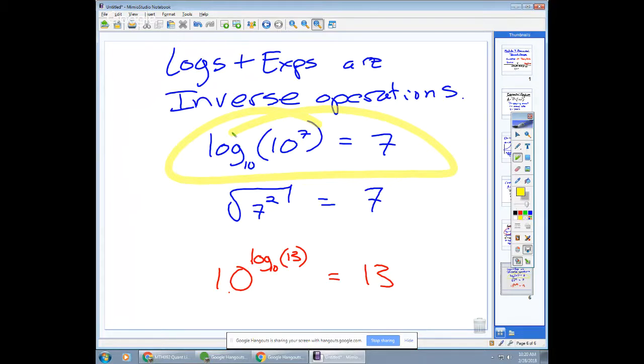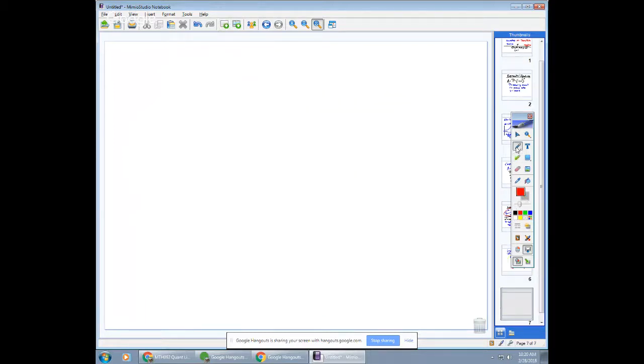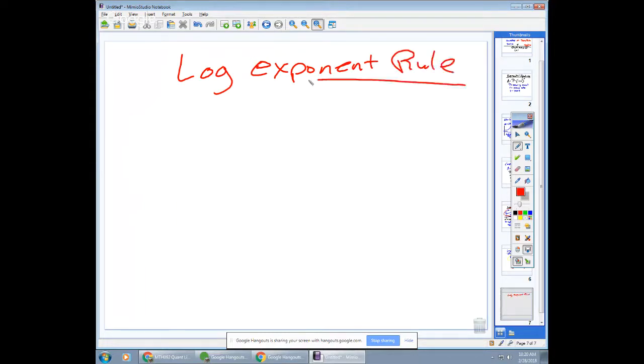That can be taken one step farther. So we get this rule, I'm going to call it the log exponent rule. And that's if you have any log, and inside that log is a base and a power, maybe 3 to the 19th, the power pops out front.